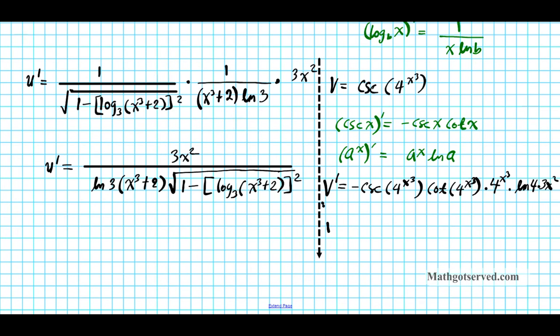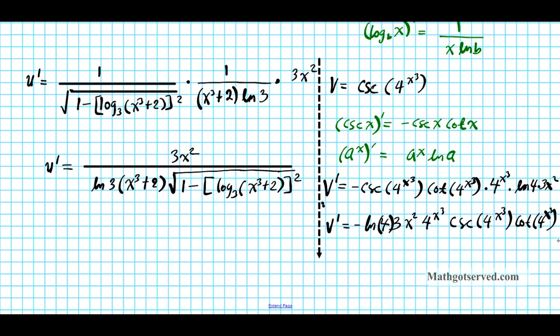Okay, so if we write it nicely, this v prime is going to be negative natural logarithm of 4 times 3x squared times 4 to the x to the third, cosecant 4 to the x to the third, cotangent 4 to the x to the third.